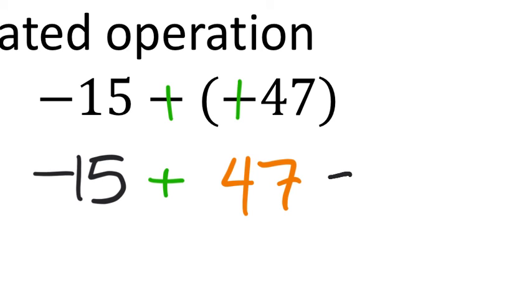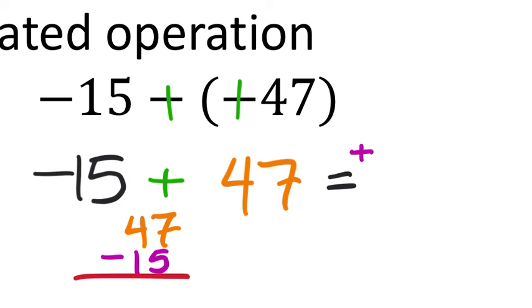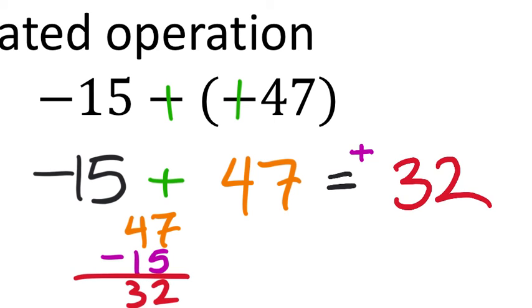Or you could say that there's more positives here than negatives, so the answer will be a positive. Then you just take the 47 positives and subtract the 15 negatives. And this difference will tell me how many positives remain after the subtraction. So 7 minus 5 is 2, 4 minus 1 is 3. I end up with positive 32, done.